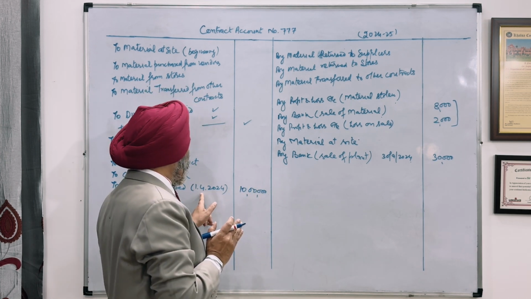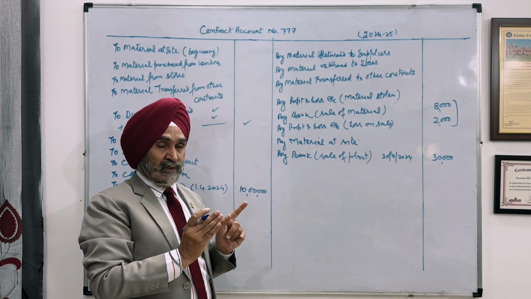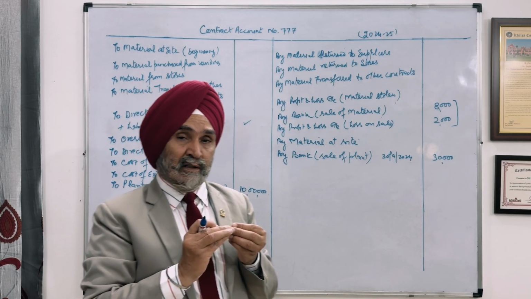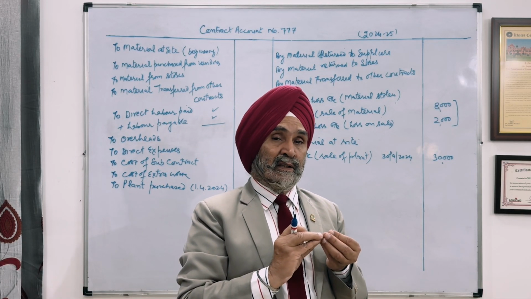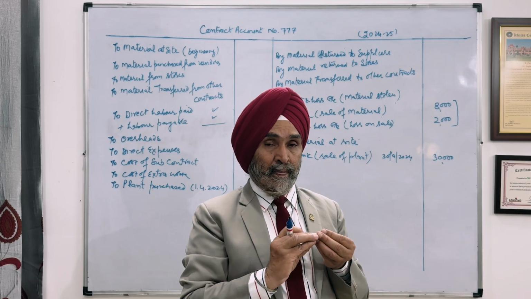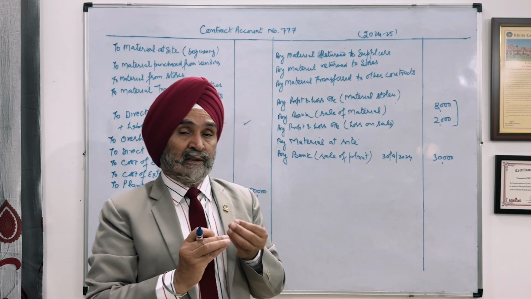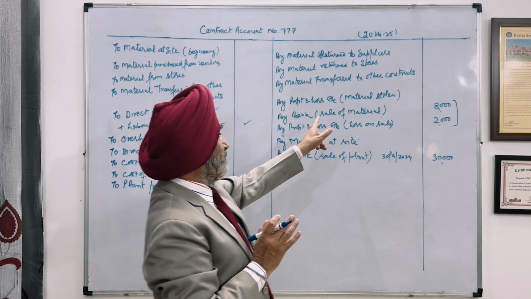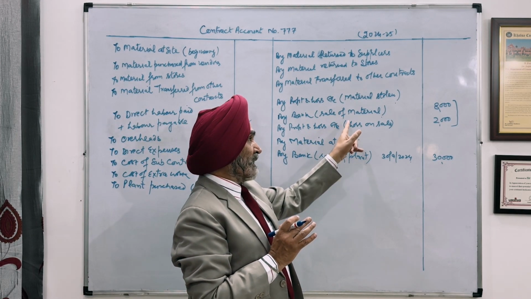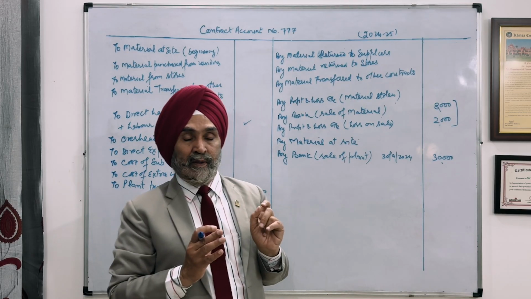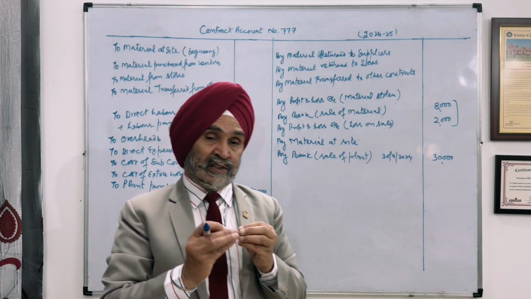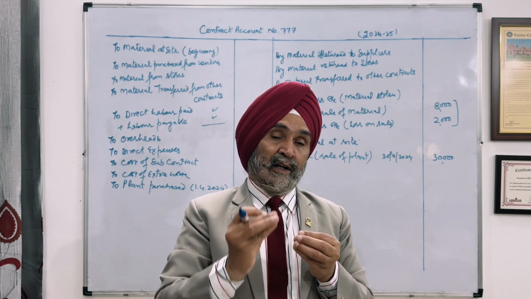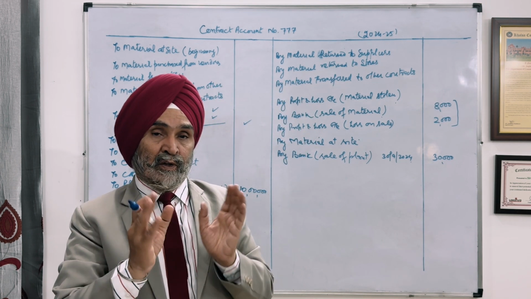But in case of fixed assets, the profit or loss is calculated not by comparing the cost with the sales value, but by comparing the written down value with the sales value. In case of material, we compare the cost with the sales value, but in case of assets, it is the written down value and the sale. The difference of the two is the profit or loss.